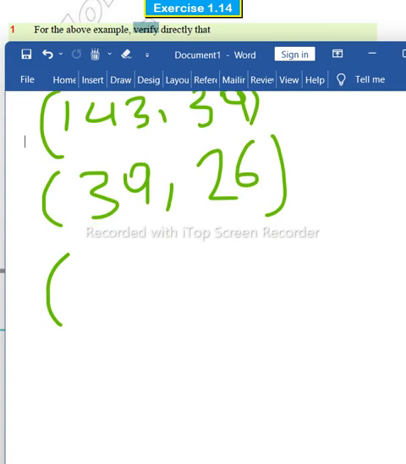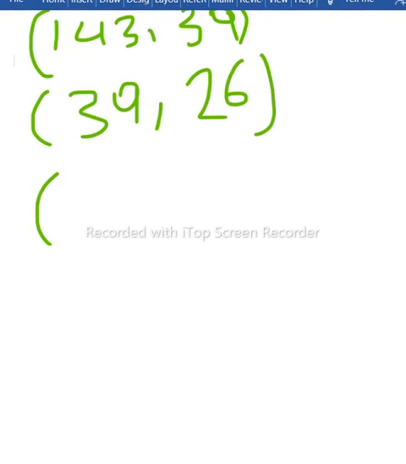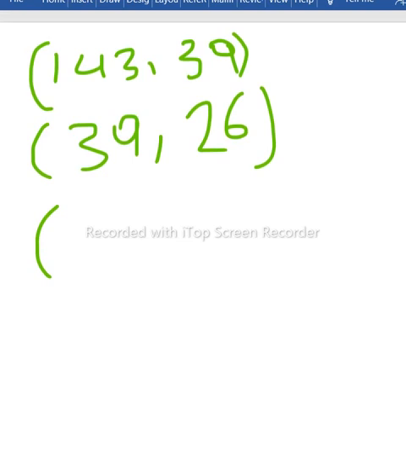When we divide 39 by 26 the remainder is 13. So we move toward 26 and find the remainder: when we subtract 26 from 39 we get 13.